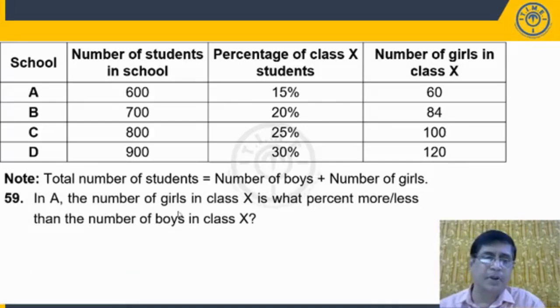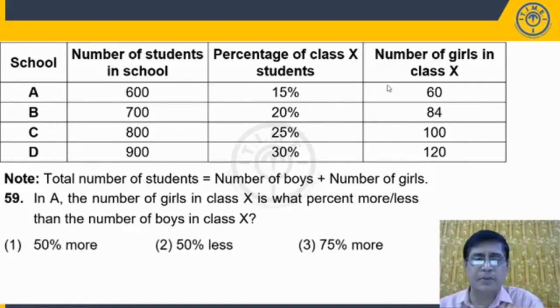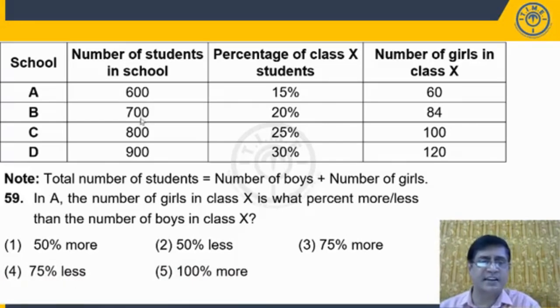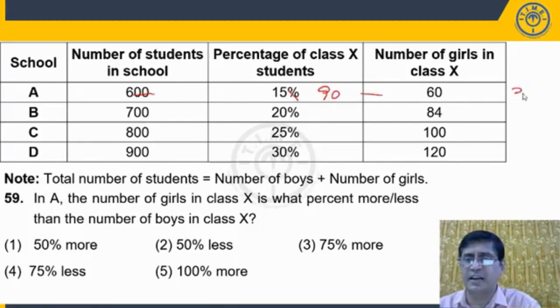In A, the number of girls in class 10th is what percent more or less than the number of boys in class 10th? A. So the number of girls is 60. How many are boys in class 10th in A? Now the percentage and zero get cancelled. 90, 90 minus 60, that is 30. 30 are the boys and girls are 60.